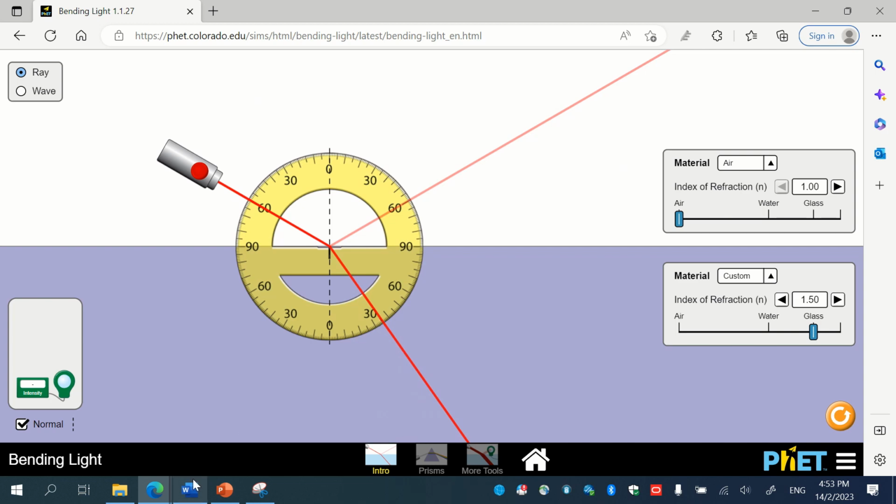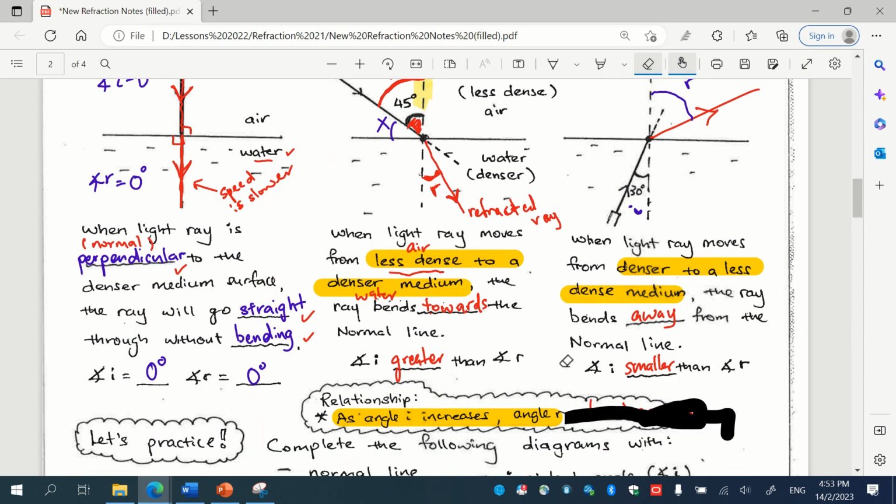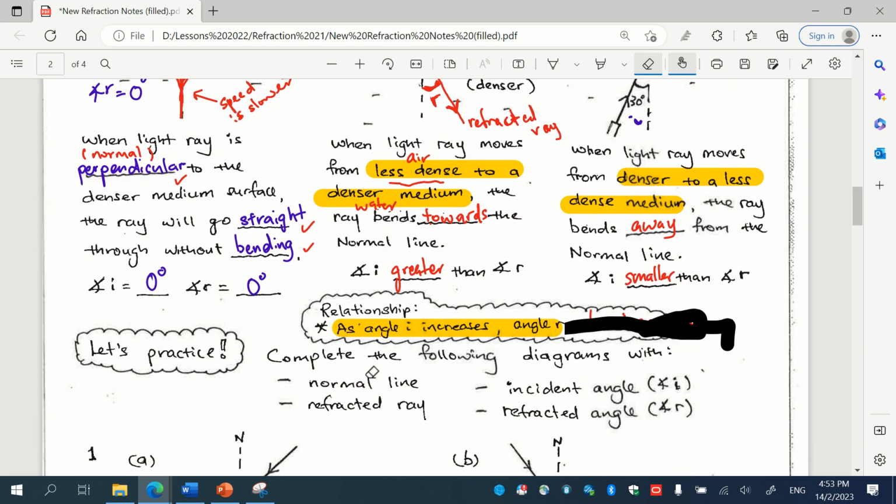So the relationship, back to your notes: as angle I increases, angle R also increases.